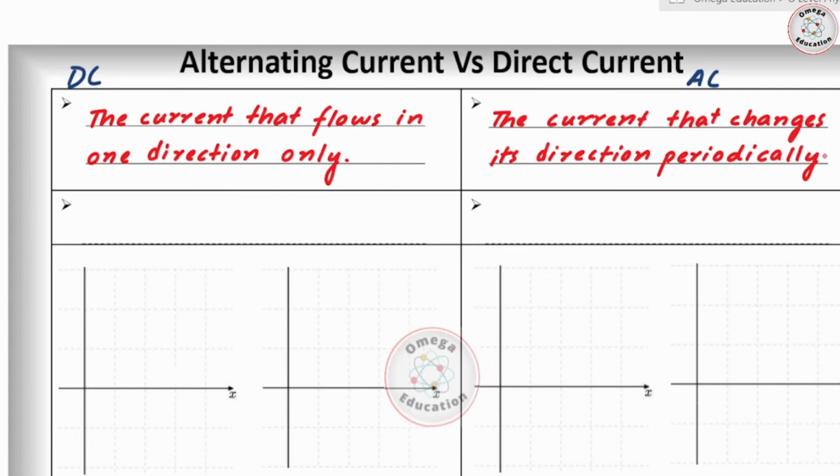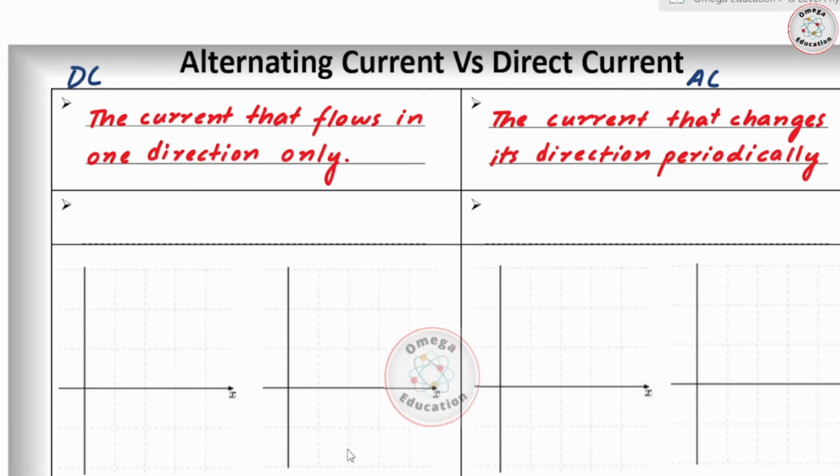No, it's not like that. Periodically means the number of times the direction is changed is equal in equal time intervals.